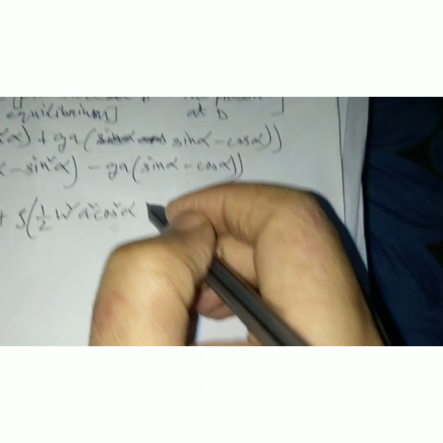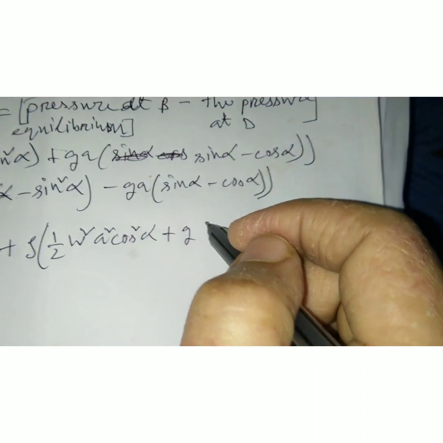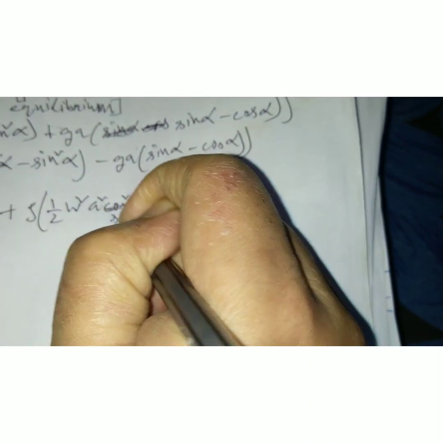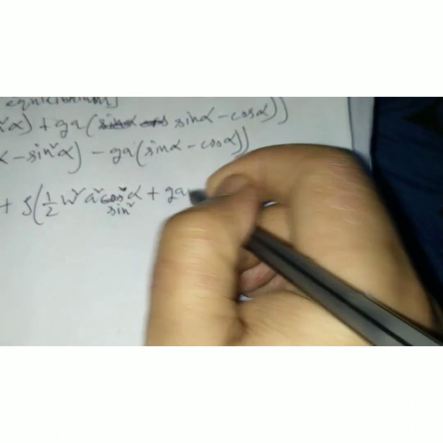Okay, this is the pressure at A. And the pressure at D is equal to capital pi plus rho into half omega square A square cos square alpha plus GA, plus A square sin square alpha, sin square alpha same, plus GA cos alpha.